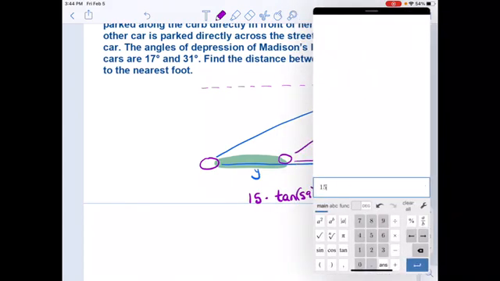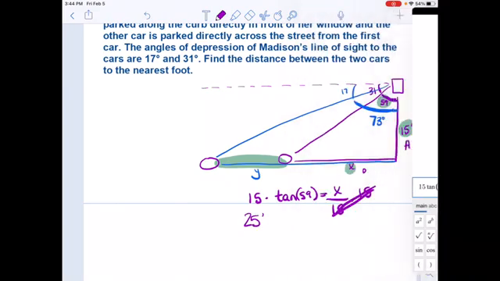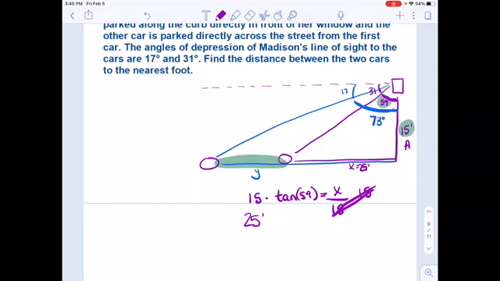We go ahead and solve 15 tangent of 59 degrees, and we get that this particular car, the close one, is 25, we'll round up, 25 feet from her building. And then if we find the distance of the further away car, we are going to use tangent once again.